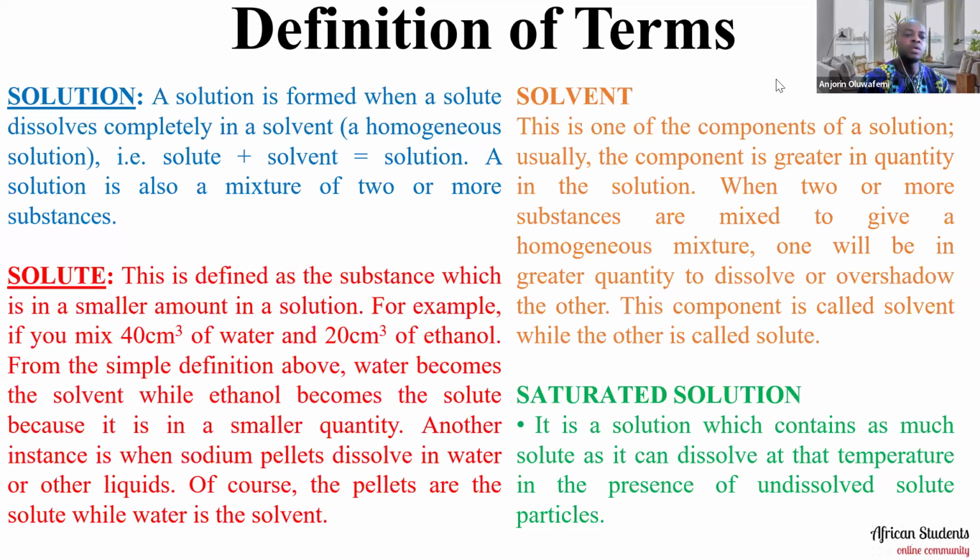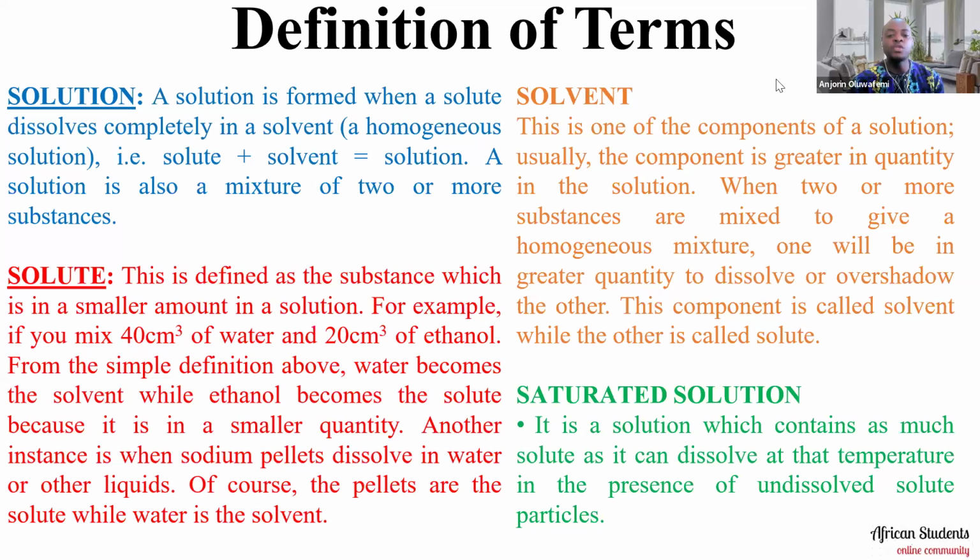The next thing that we need to look at is the solute. What is the solute? This is defined as the substance which is in a smaller amount in a solution. For example, if you mix 40 cm cube of water and 20 cm cube of ethanol, from the simple definition above, water becomes the solvent, while ethanol becomes the solute because it is in a smaller quantity.